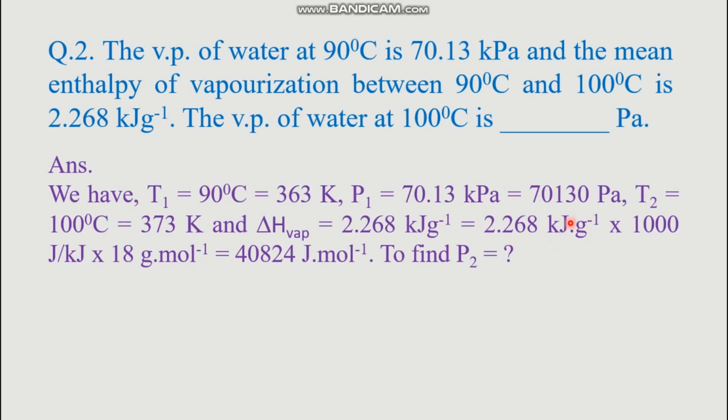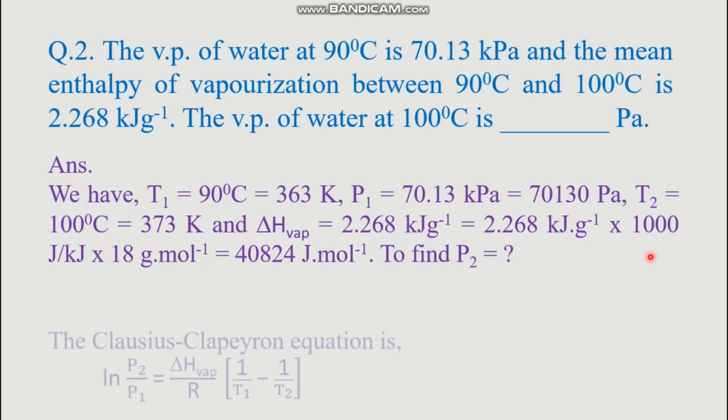Then kilojoule is cancelled, only joule is left. Gram is cancelled by this gram inverse, and mole inverse is left. That means the unit becomes joule per mole, and the value is 40824. Thus we compute this data, and we now have to find the value of P2.